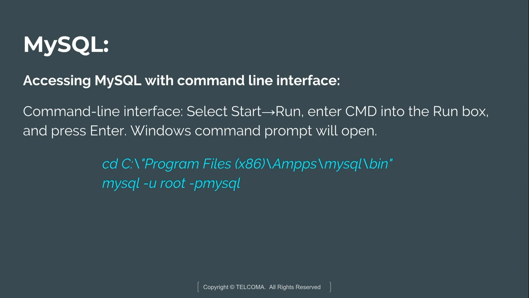So here the first command changes to the MySQL directory, and the second command, mysql -u root -p mysql, tells MySQL to log in with the username root and the password mysql. So this is the way in which we can change the directory, as well as pass the username and password to our database.